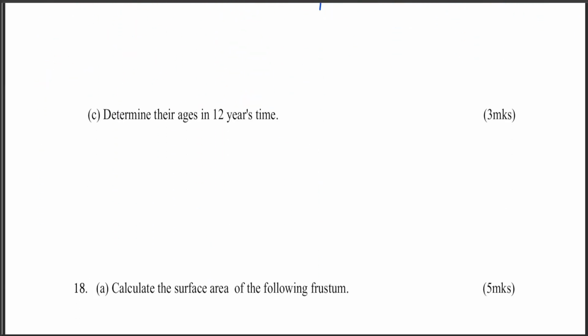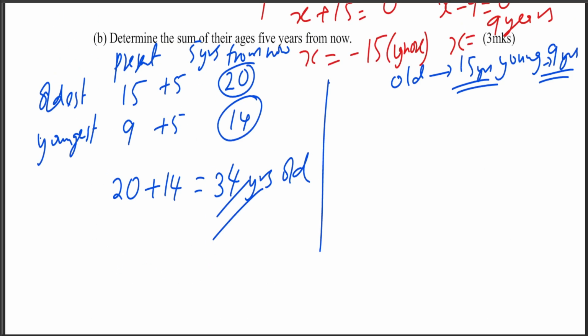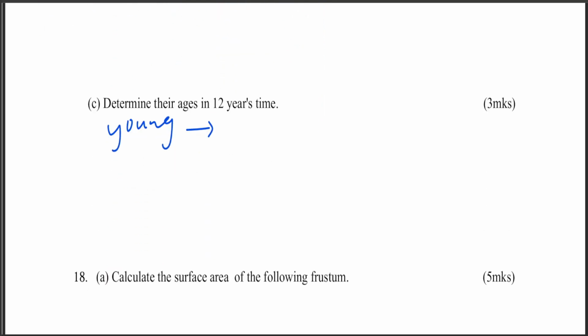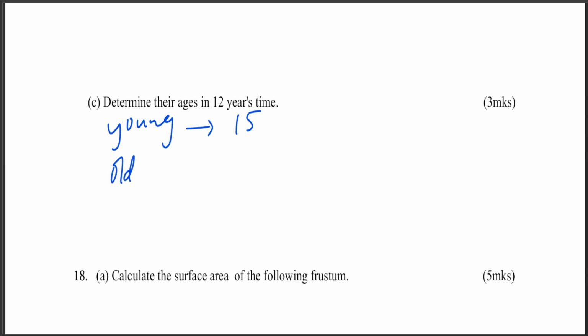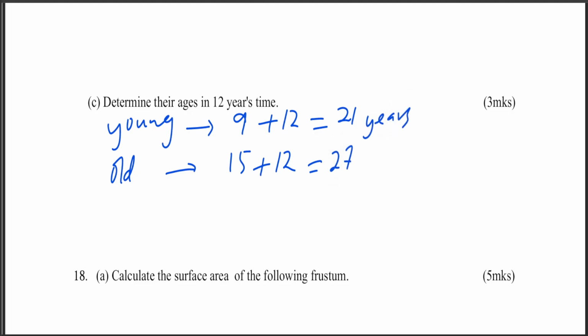The present age of the youngest ni 9, the oldest is 15, so plus 12, the youngest will be 21, and plus 12, the oldest will be 27. So simple. Hii marks za bure. Hujauliza sum, it's just determine the ages.